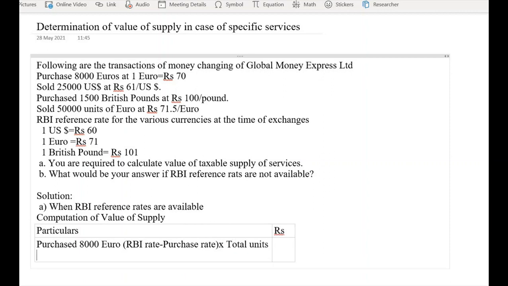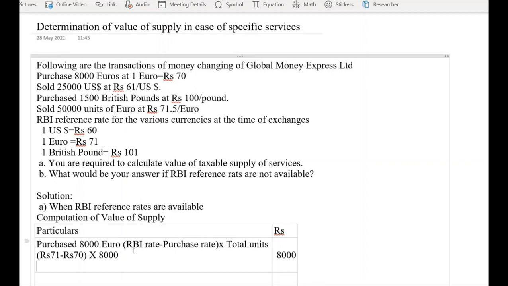RBI reference rate for euro is 71 rupees. So rupees 71 minus rupees 70 multiplied by 8,000 euros, 8,000 units. So that's equals to rupees 8,000 here.